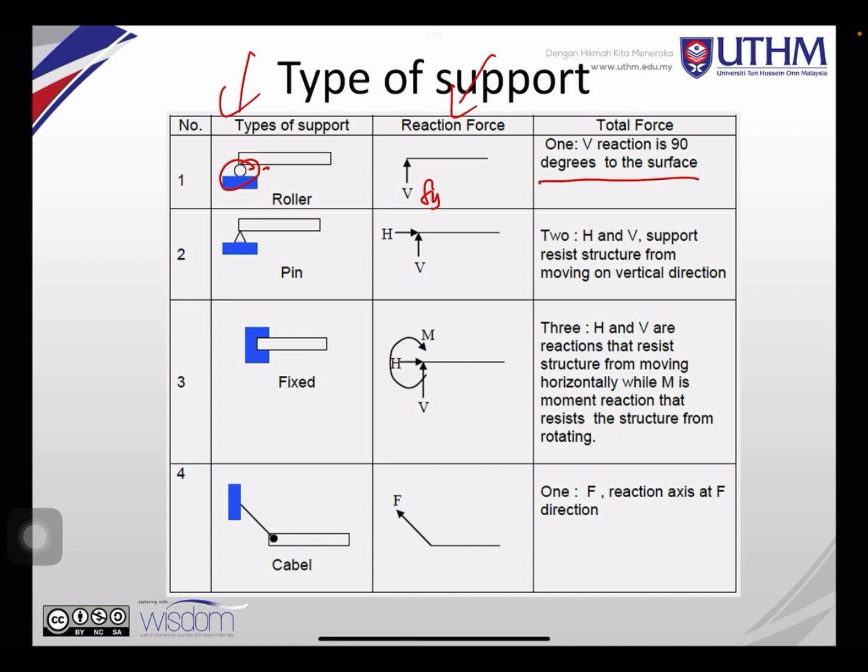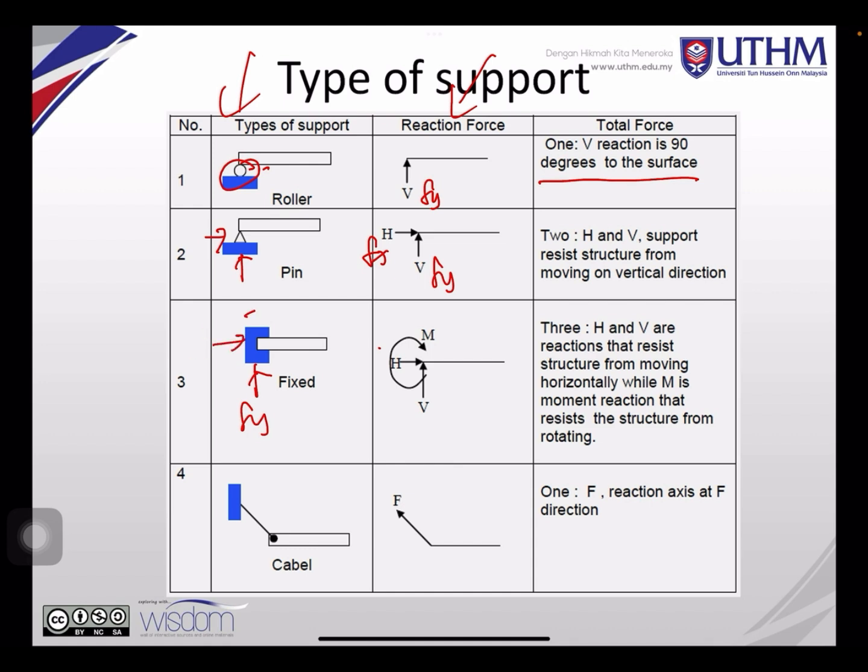V is 90 degrees to the surface. When you have a pin, you have 2 reaction forces. So you will have Fy, and you have Fx, the x direction. When you have a fixed support, you will have Fy, Fx, and also the moment.